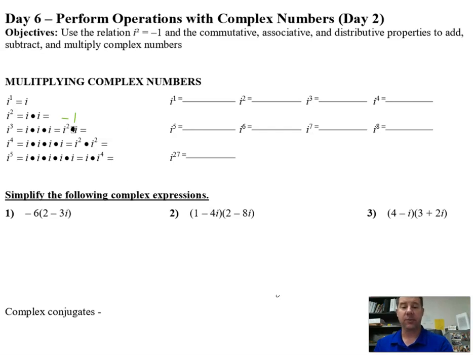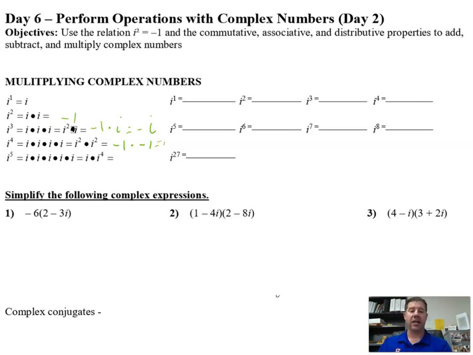Well, we just talked about i squared as -1 times i then, or this would be -i, okay? And then i to the fourth is i times i times i times i, or it's i squared times i squared. We just said i squared is -1 times -1, and -1 times -1 is 1.